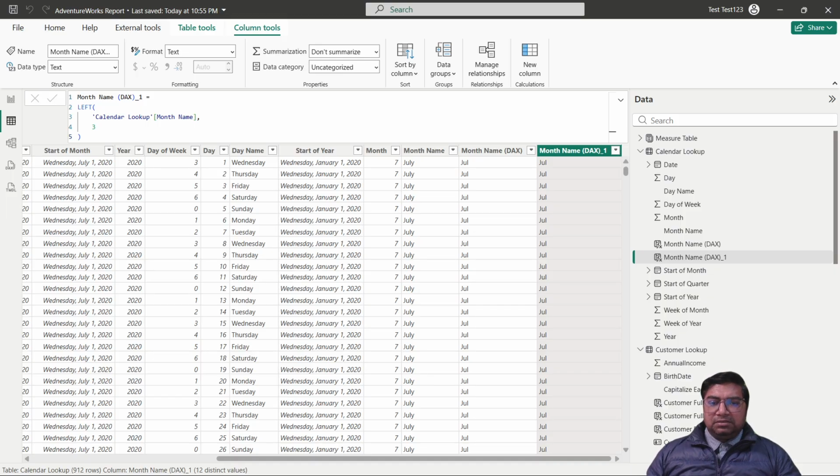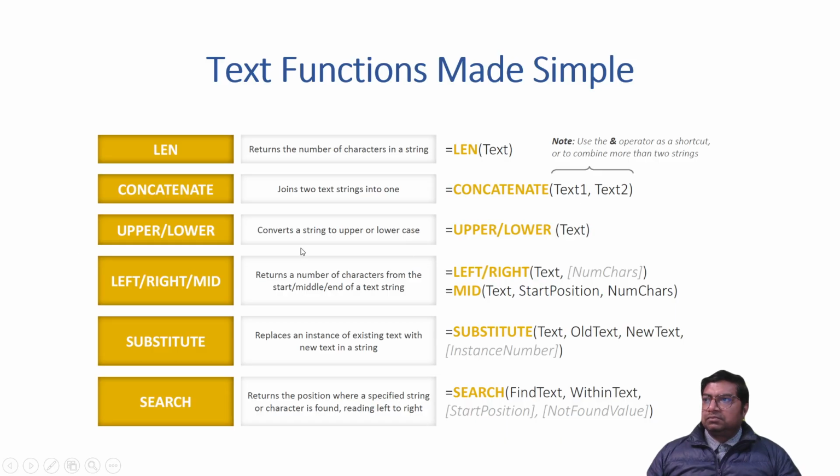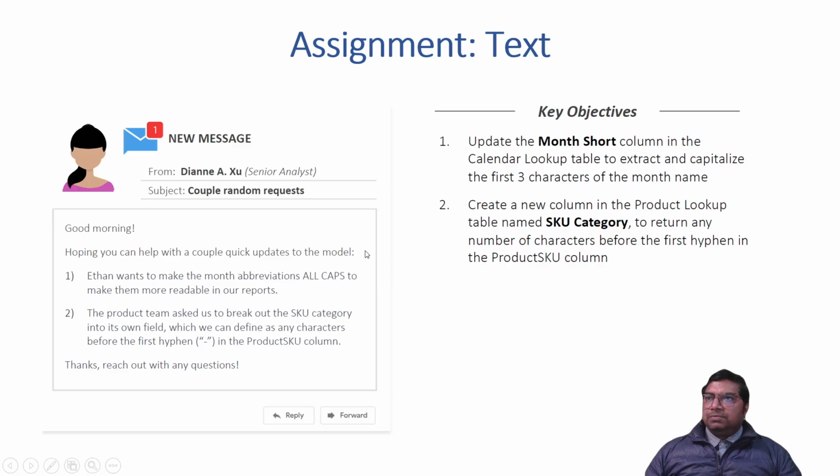Open the Power BI. Let's take the assignment first. Suppose you're working in a company, and someone assigns a work to you, and in that, let's suppose you want to create some objectives like the month short and SKU category.